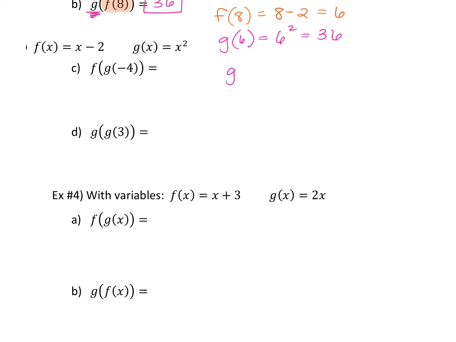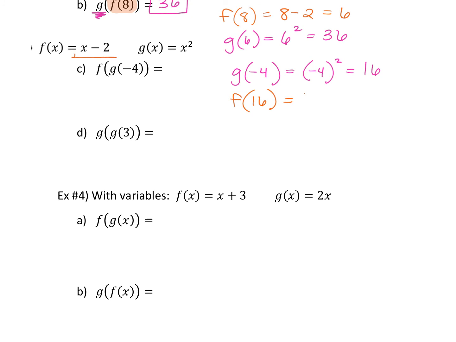14. Yes. So g of negative 4 is where we're going to start, right? So that's going to be, parentheses matter, negative 4 squared. So g of negative 4 is 16. Then we're going to plug that into the f of x function. So f of 16, okay, when you plug that in, it's into this function. 16 minus 2 is 14.